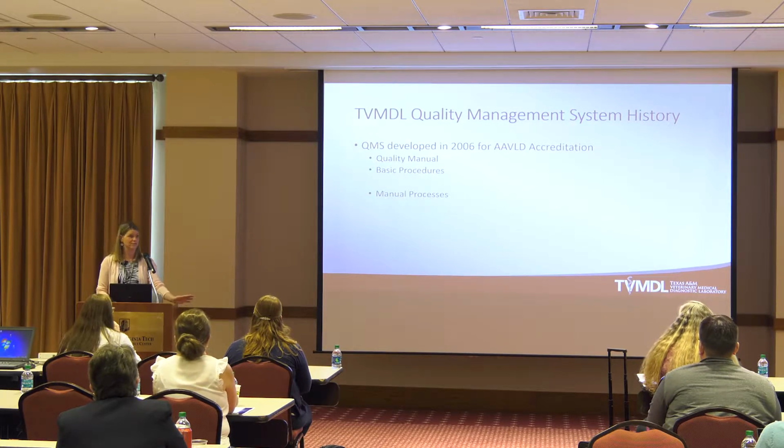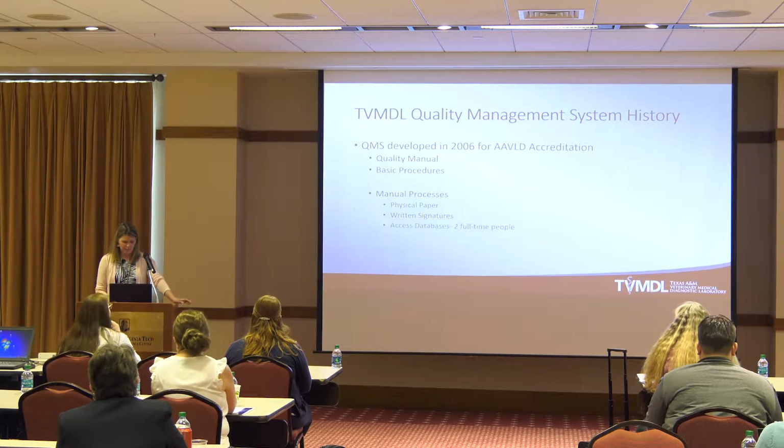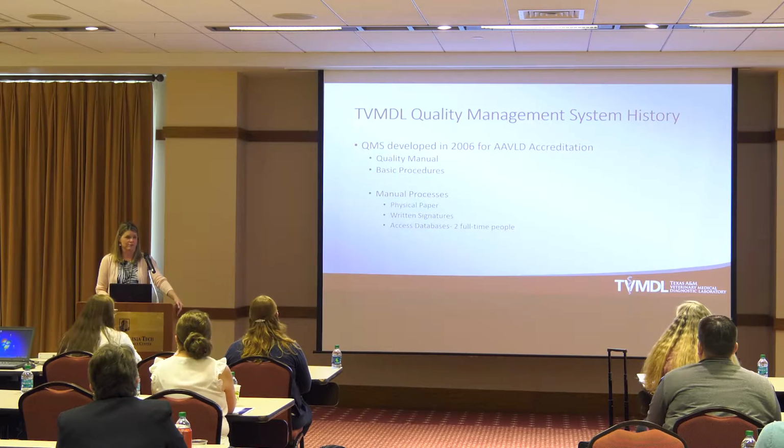It was manual processes, physical paper, so moving the paper around, getting all of the written signatures, and we managed this with Access databases. So we had a few Access databases for document control, corrective and preventive action, and then for equipment maintenance and calibration records.